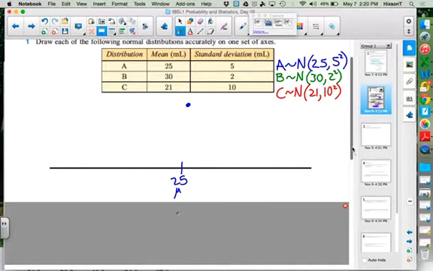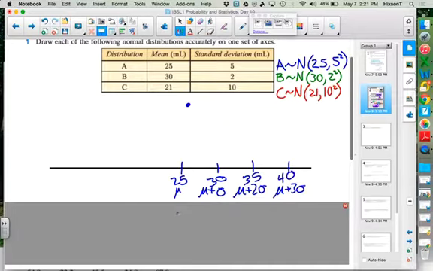So for example, with A, if our mean is 25, we're going to go up 1 standard deviation, 2 standard deviations, and then 3 standard deviations. If I went from 25 up 1 standard deviation, where am I? 30. And then here would be 35 and 40.